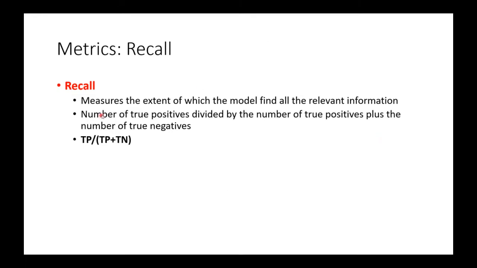So basically, it's the number of true positives divided by the number of true positives plus the number of false negatives. If I want to classify only dogs, as was my goal, I want to see how many times it classified the class that I'm interested in, right?